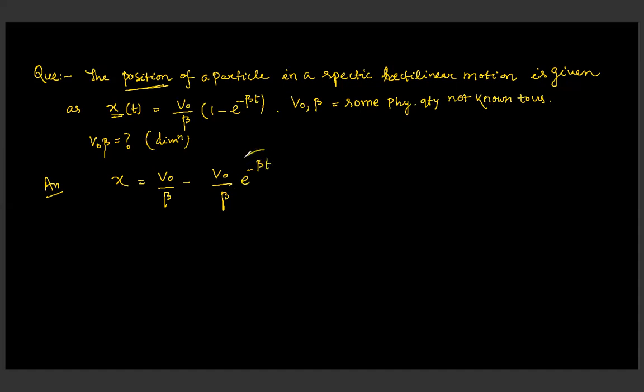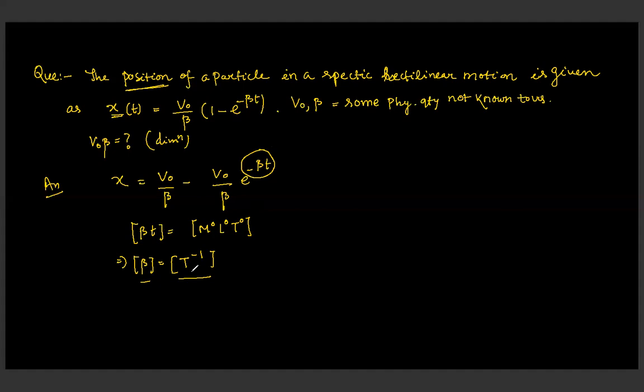In the last class, we studied that anything written in the power, like exponential power or any number's power, is dimensionless. So we can directly say that the dimension of beta t is M0 L0 T0. So the dimension of beta should be equal to this dimension divided by T, that is T to the power minus 1.